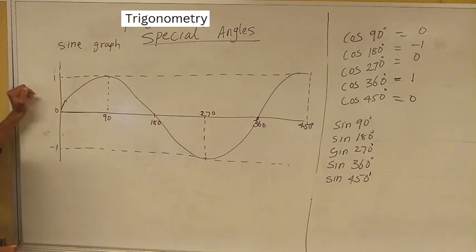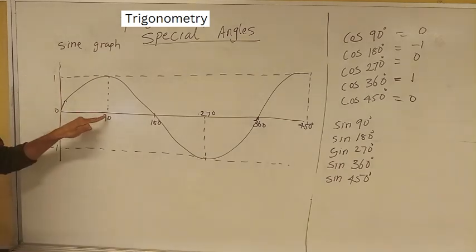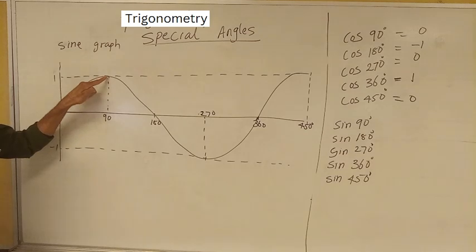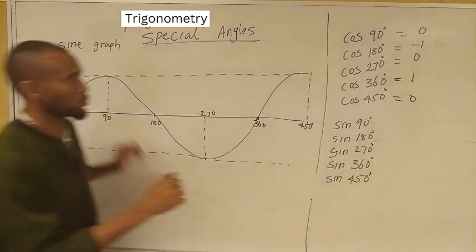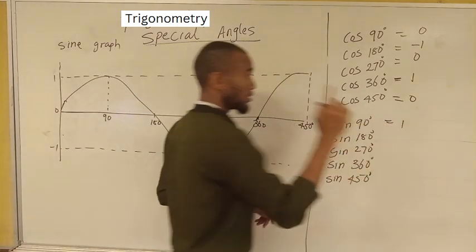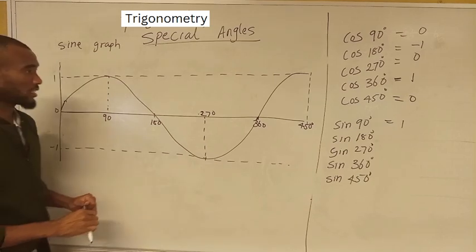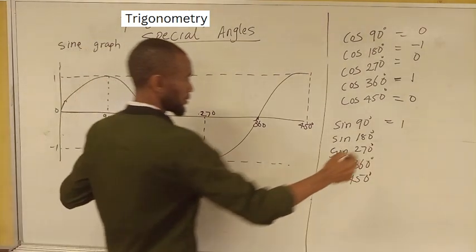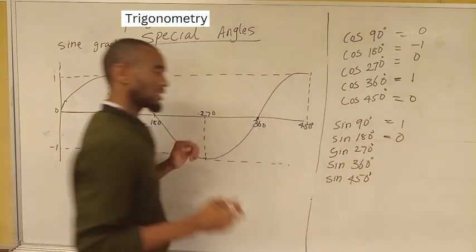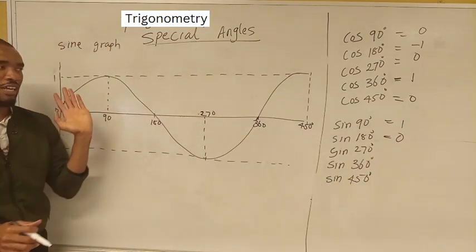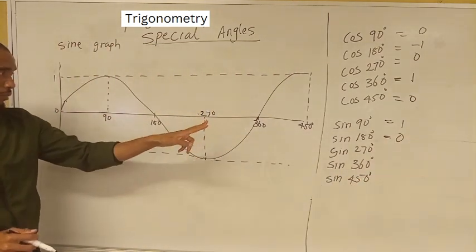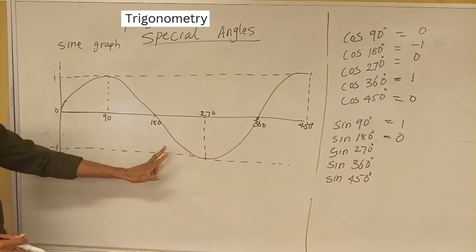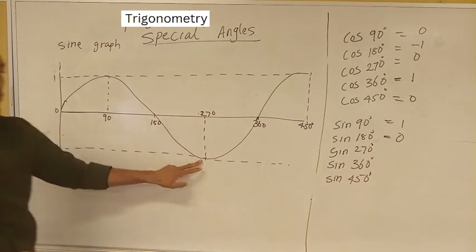Now in this case, sine 90, can you see the sine 90 is hitting on this point? So sine 90 will always be 1 as long as we're on degrees, right? Sine 180 is hitting on 0. So once I see sine 180, I'll just go straight ahead and input 0. And then sine 270 is hitting on -1.